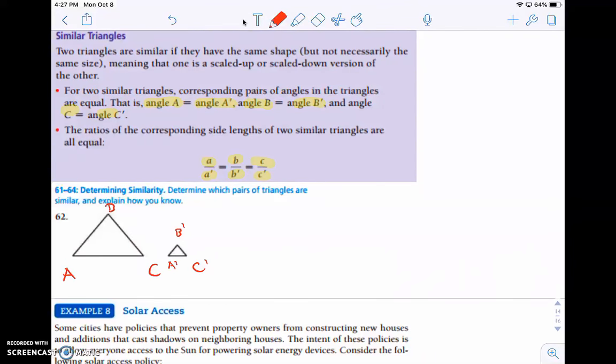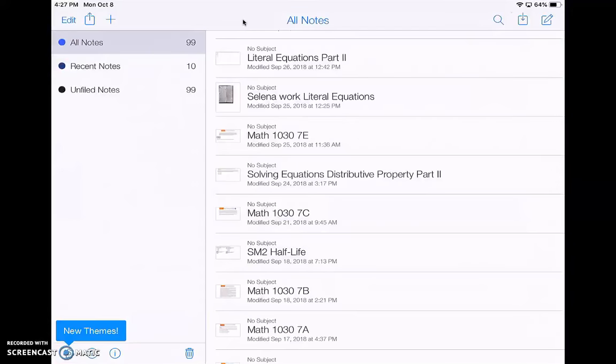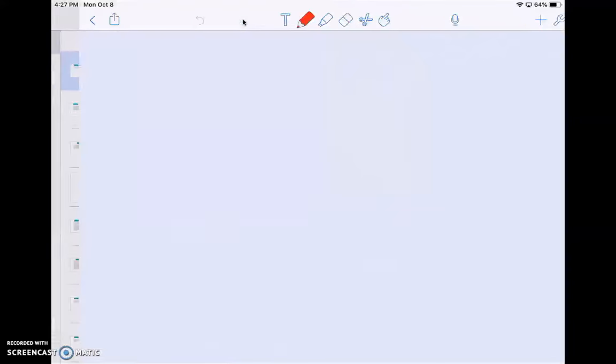So the opposite side, this is going to be A, so this little side is going to be little a prime. Whoops, that was the very wrong button.